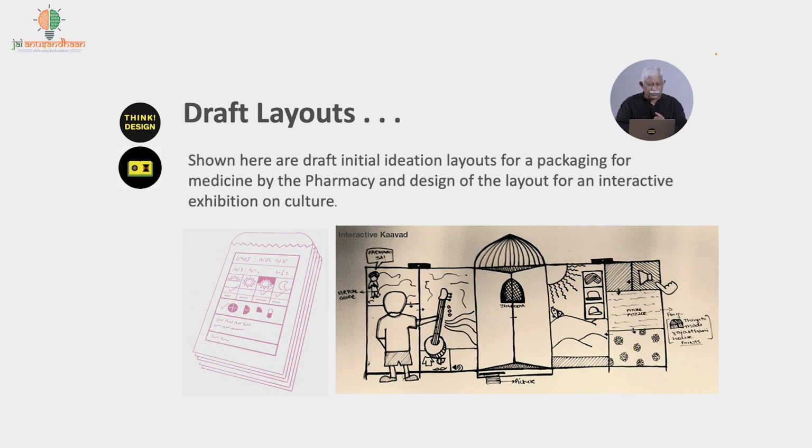We've seen this before. This student was working on packaging for medicine, so that the different ways you can use the medicine are printed on the package. That's a rough layout, so the person can go with that and get feedback. On the right side is another one, where the student was doing an interactive exhibition on the culture of Rajasthan.